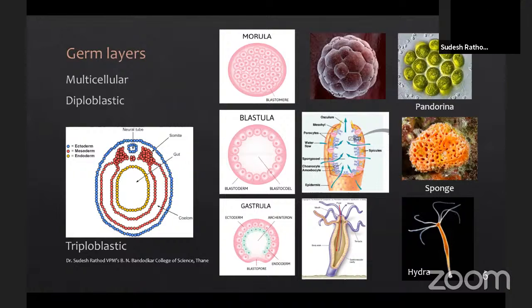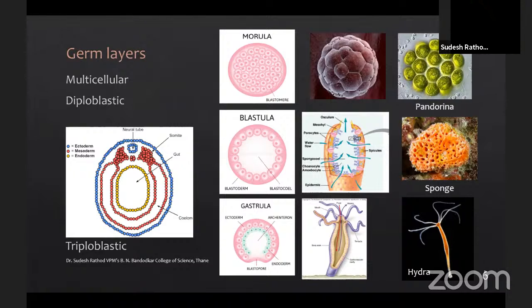In a multicellular organism, many cells work together to serve a particular body. Just now I told you: nerve cells, muscle cells, blood cells. These different kinds of cells come together and form the body of an animal, and it will function in a particular manner for survival.